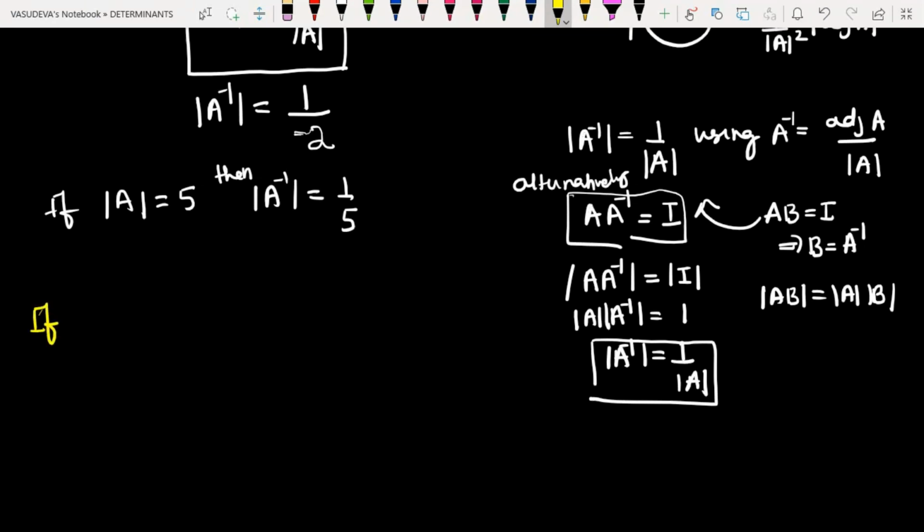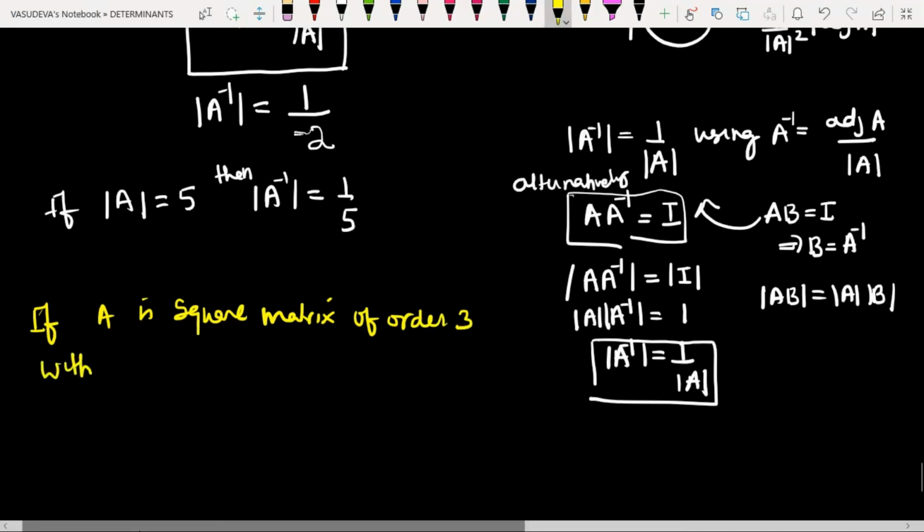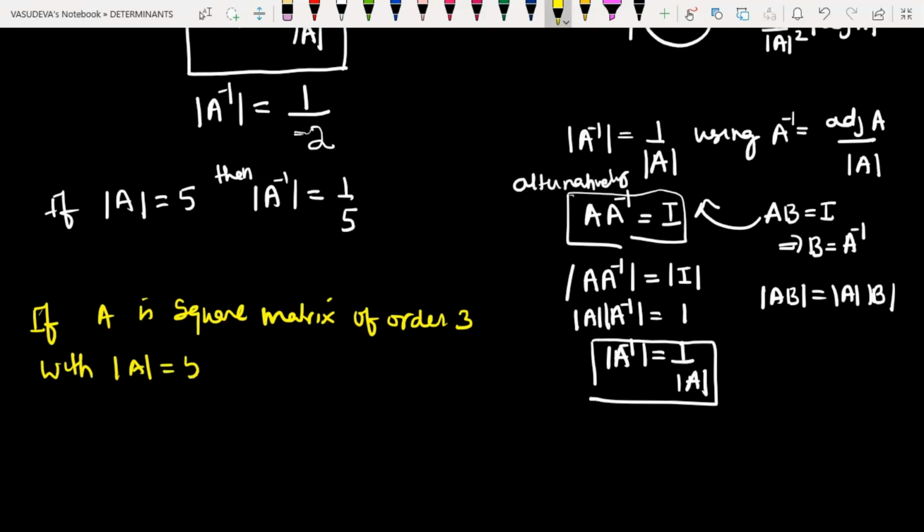If A is a square matrix of order 3 with determinant of A equal to 5, then find determinant of adjoint of A. We have seen that determinant of adjoint of A is determinant of A to the power of n minus 1.